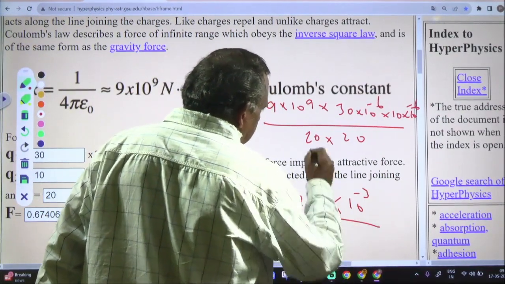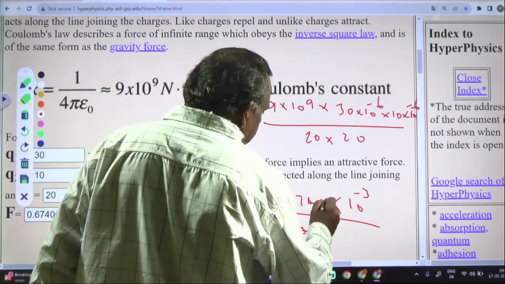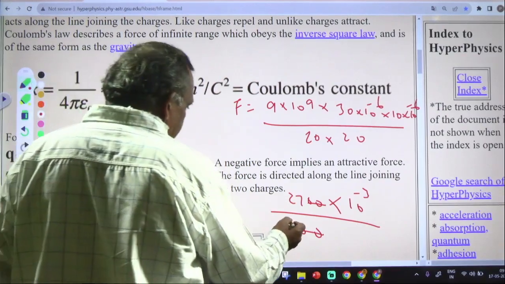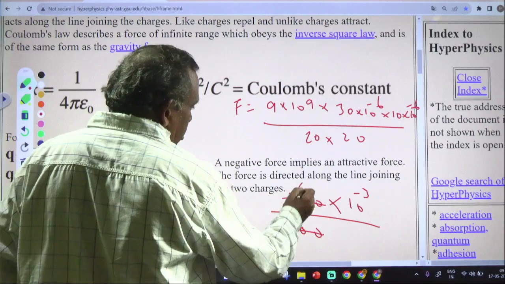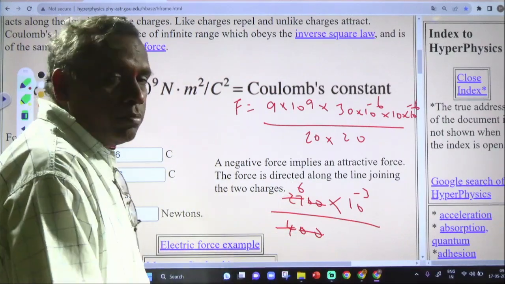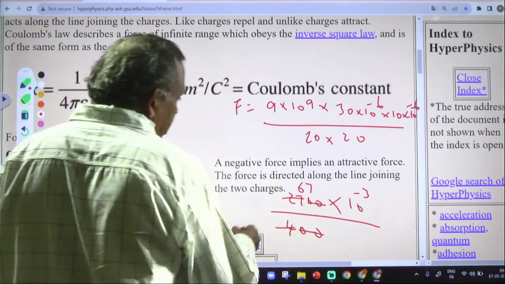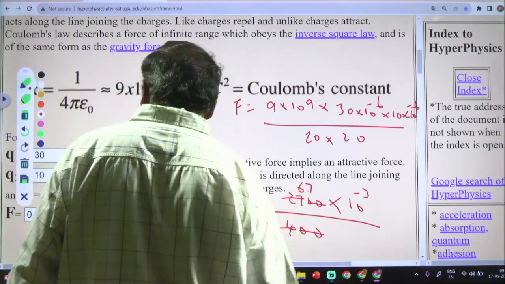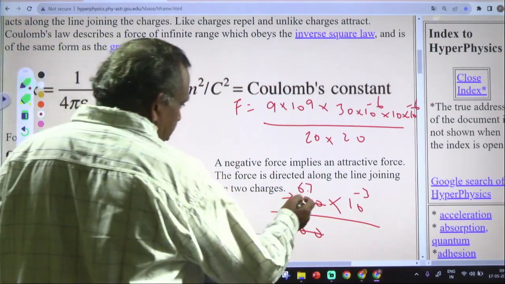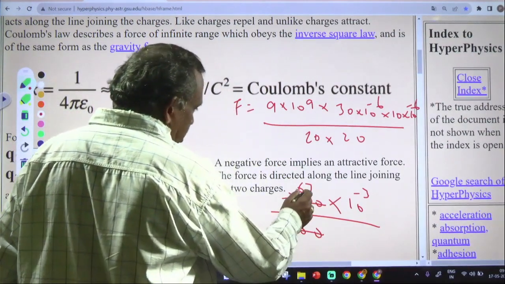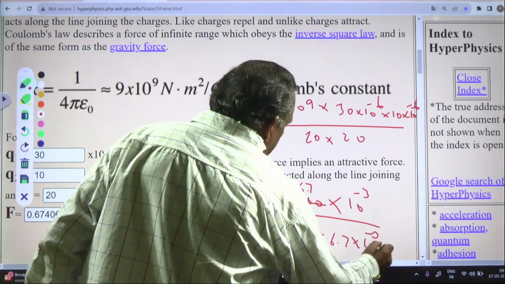Upon it is 400, 20 into 20 is 400, the zeros get cancelled. If you cancel it, 4 sixes are 24, 3 will come, 4 sevens are 28, approximately 6.7 into 10 power minus 3 newtons.